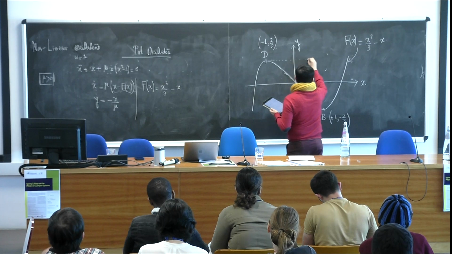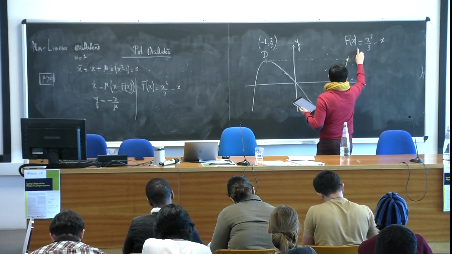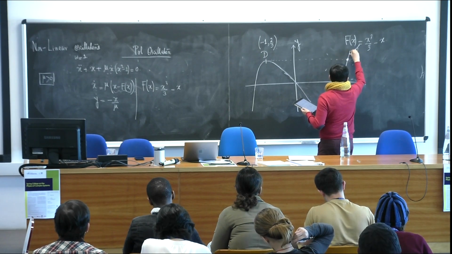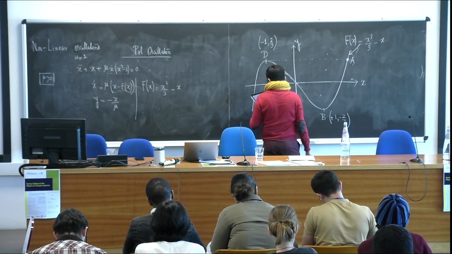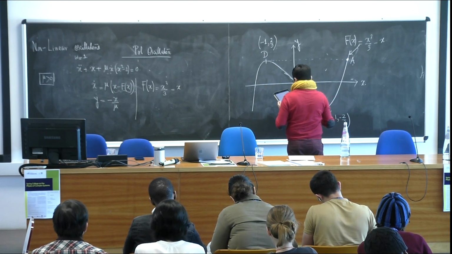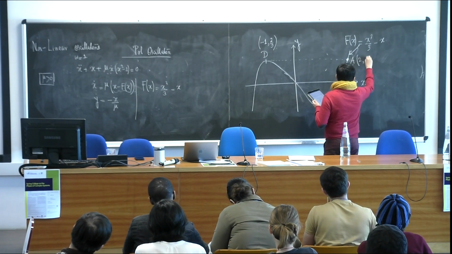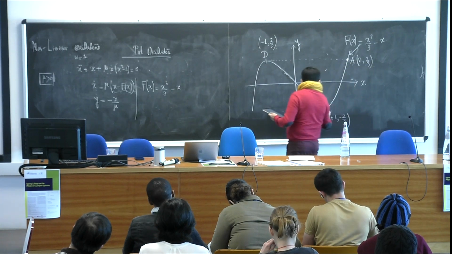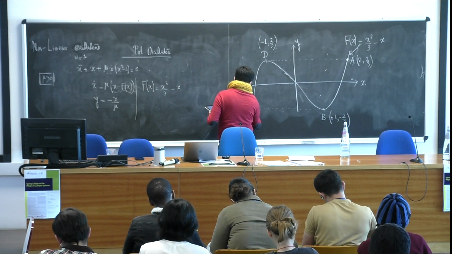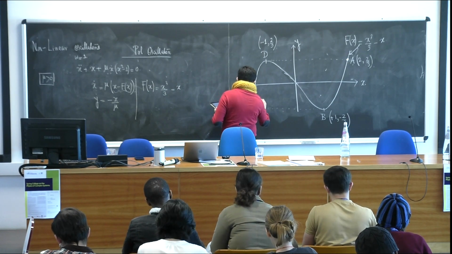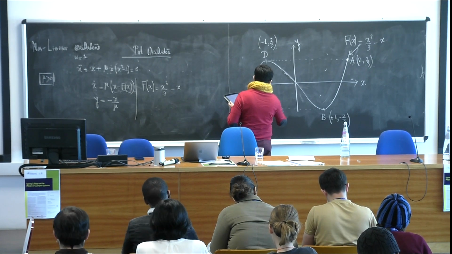One point is this point A. This point has the same y value as the point D, but the x is different. You can just solve this equation to find the value of x. So this is 2, 2 by 3. Again, these are not relevant. And similarly for this point B, I can define the corresponding point here, which is C, which has the coordinates -2, -2 by 3.